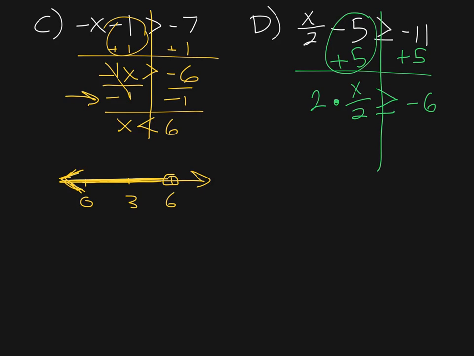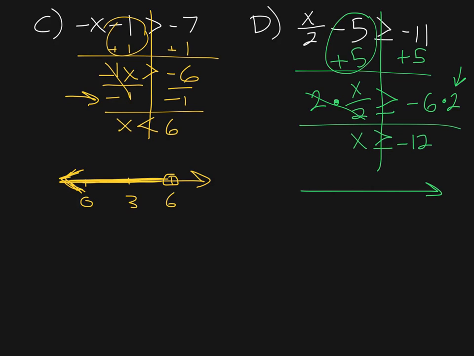We're going to multiply. These will cancel. We have x. We have negative 12 on the right. Now, because we multiplied by a positive number on both sides, this 2 right here is positive. Nothing happens with the inequality. Inequality stays the same. X is greater than or equal to negative 12.